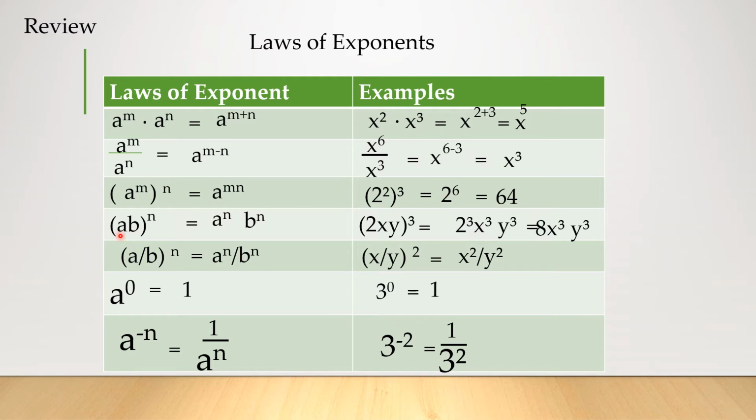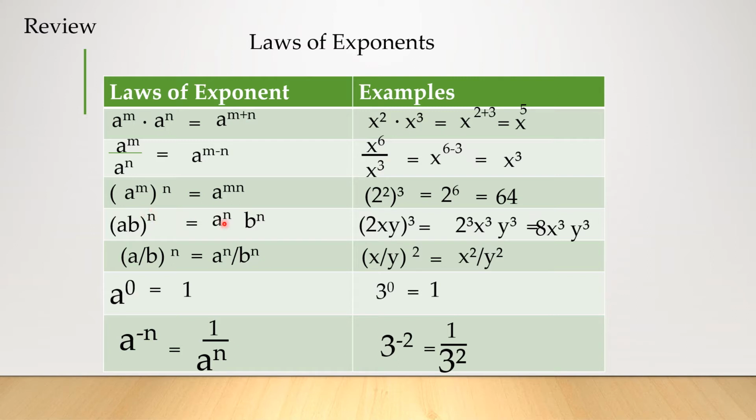Now, we have the product of a power rule. We have the quantity a times b raised to n, which is equal to a raised to n times b raised to n, since a has 1 as exponent, same as b.